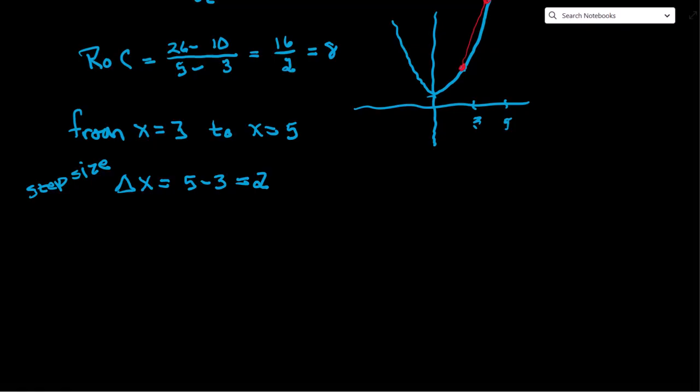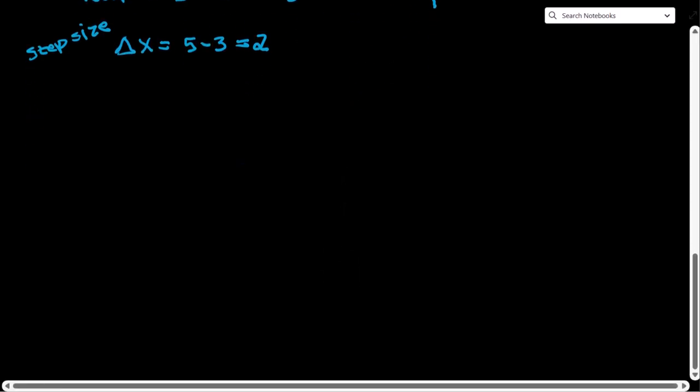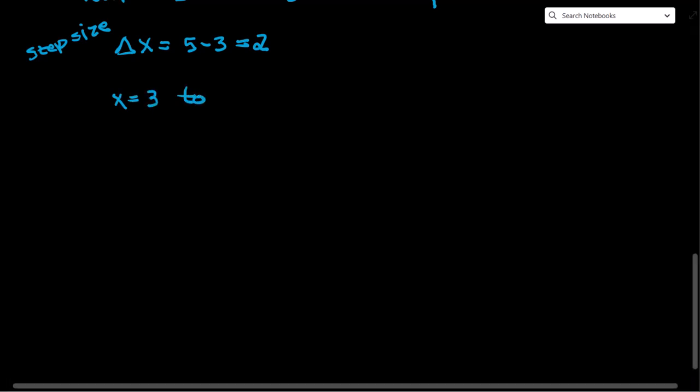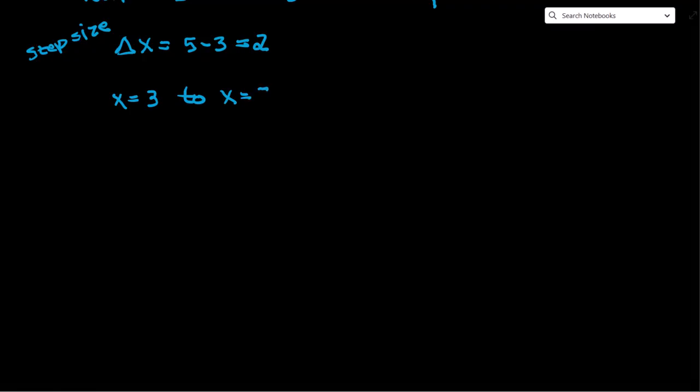We could have gone from something like x equals 3 to x equals 3.1. Here our change in x would have been 3.1 minus 3, which should give us a step size of 0.1.